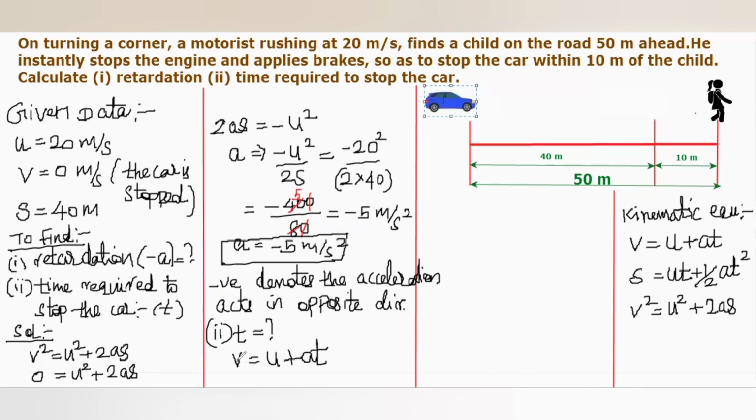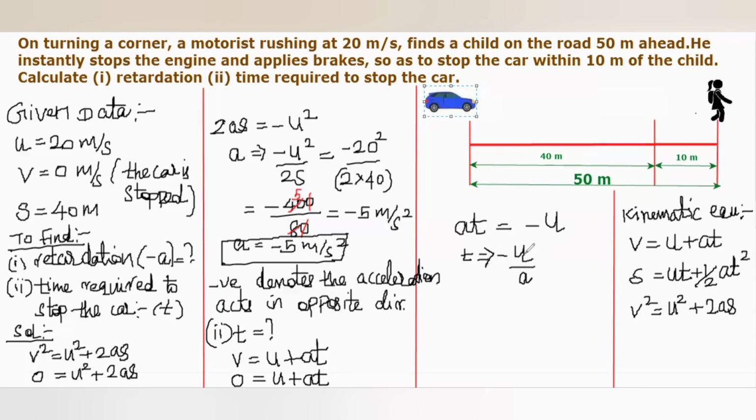Here also we know the final velocity, that equals 0. So if you substitute 0 for final velocity, 0 equals u plus at. Okay, and we are going to find the time. So if you rearrange this equation, at equals minus u, and t equals minus u divided by a.